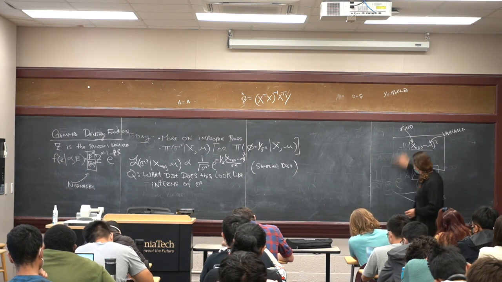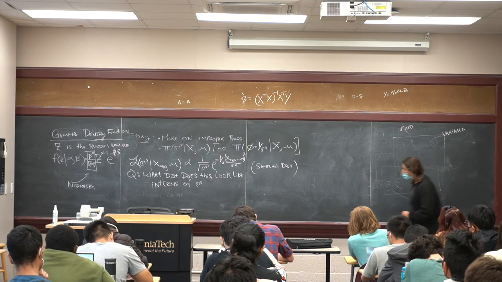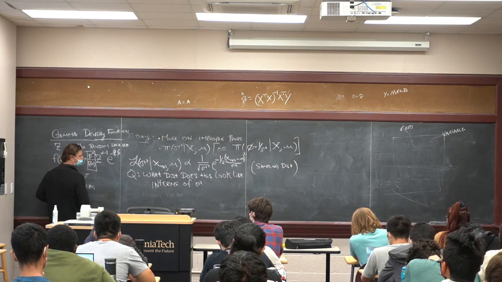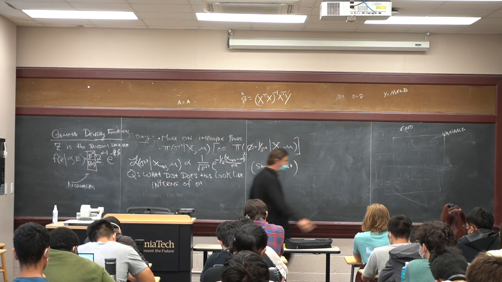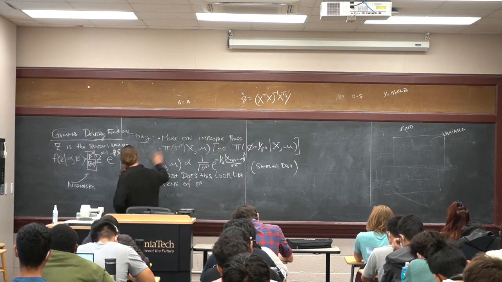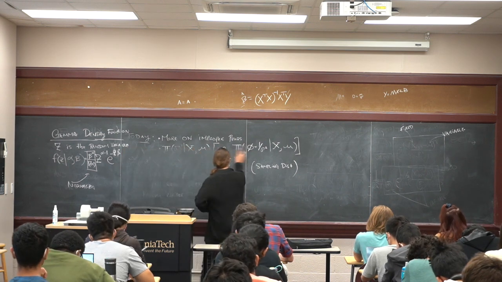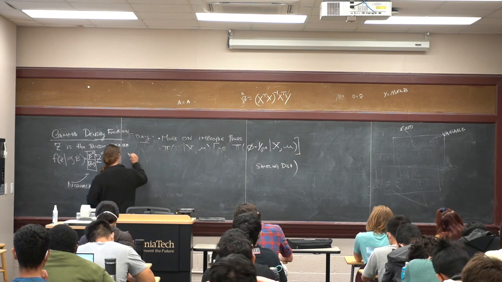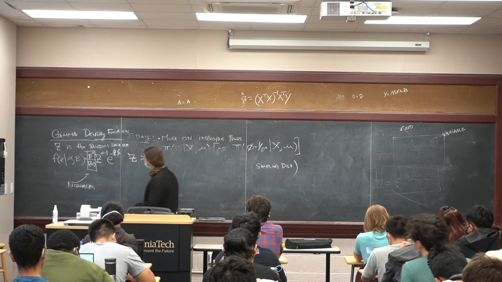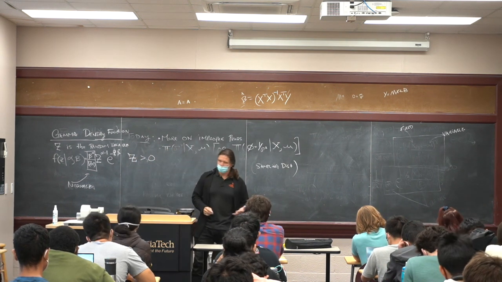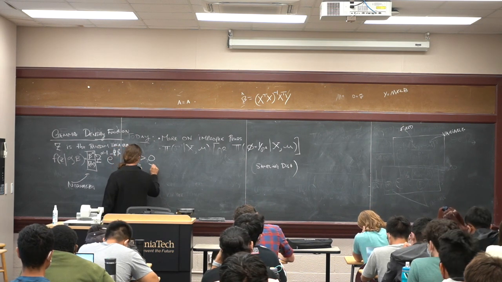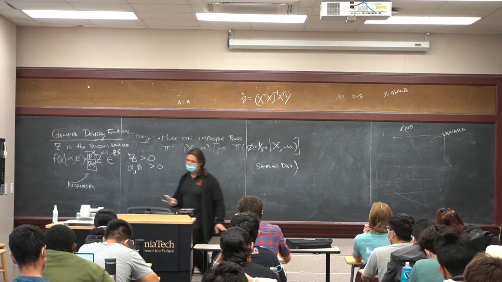I should tell you z lives between 0 and infinity. It's positive, greater than 0. And alpha and beta should be greater than 0, typically. These are both greater than 0 as well.